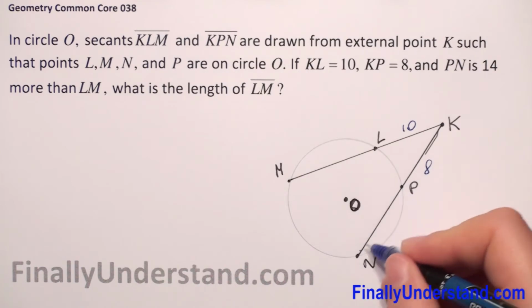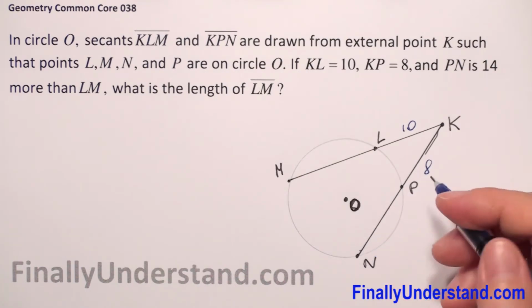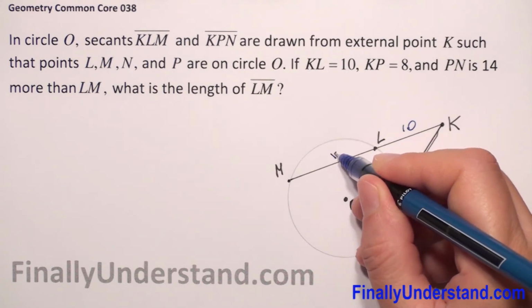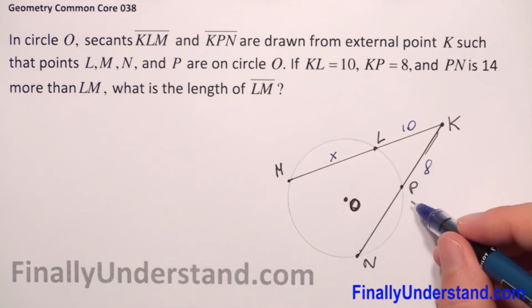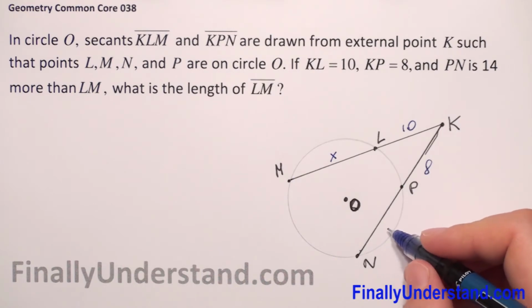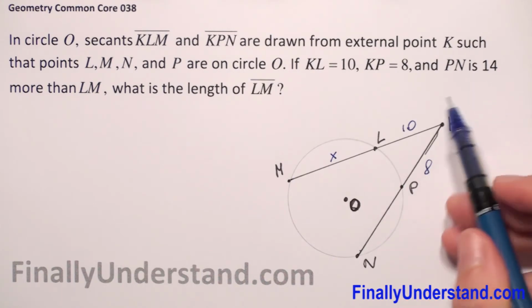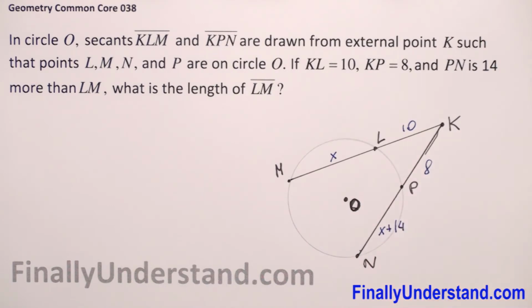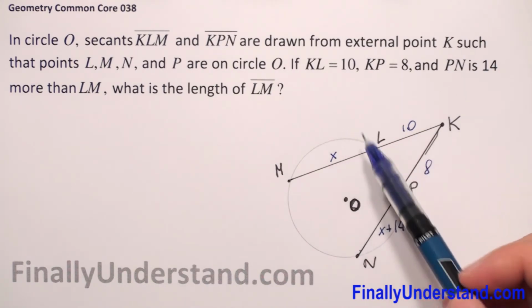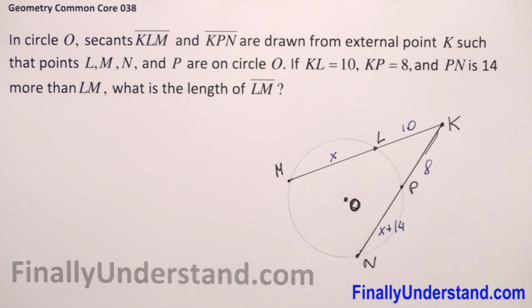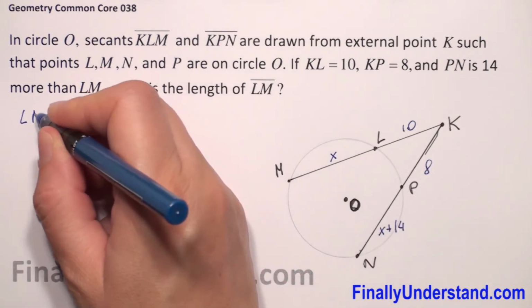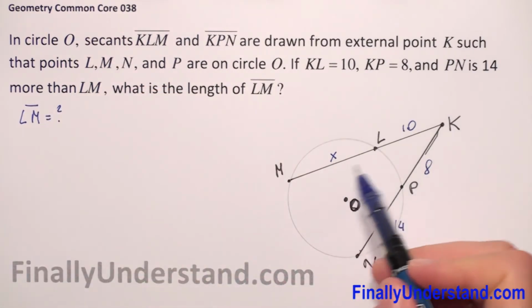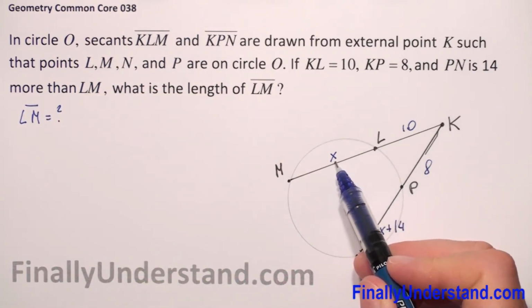So if we have that LM will be x, then PN will be 14 more than LM, so it will be x plus 14. We have to find the length of LM. So our unknown is segment LM, and I just put that this is our x.